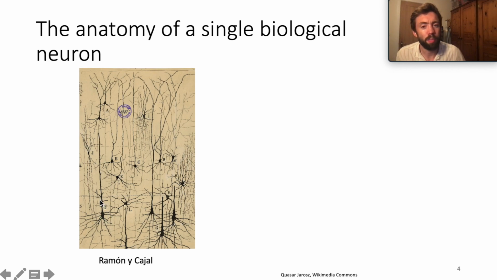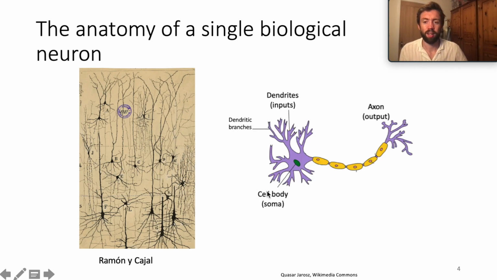And what you can notice is there are these central thick parts, which is where the cell body is. And there are also long protrusions from that central part, and these tend to be dendrites where information comes in. There are also some thinner outputs marked with a small a on these images, which is the axon. So there's quite a lot going on in this beautiful picture on the left, and here is a simplified version from Wikipedia.